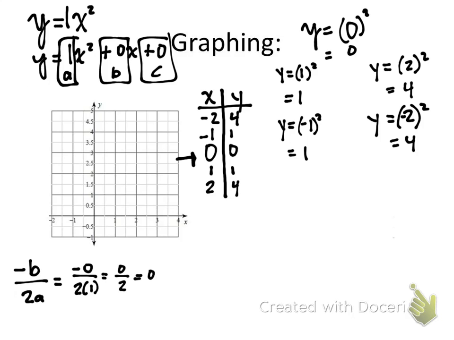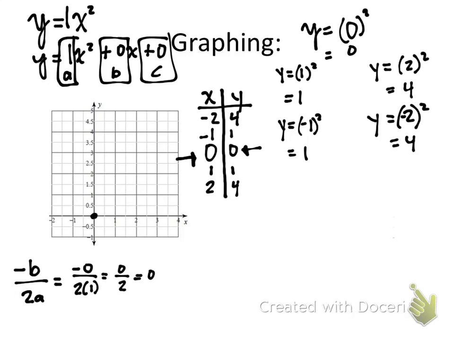Now, you need to notice that our vertex here is always going to be a lone pair, okay? And the vertex, of course, is 0, 0. So we go to the origin here and we plot our vertex, okay?